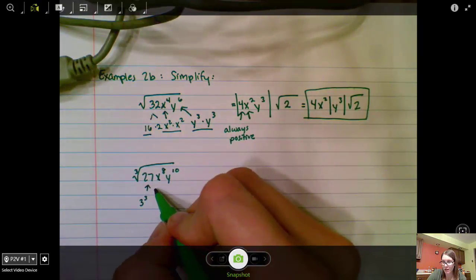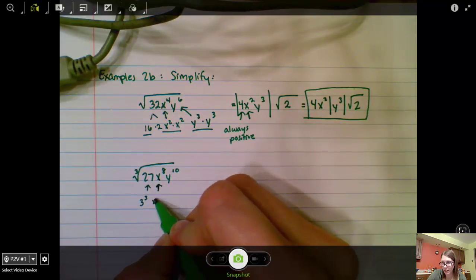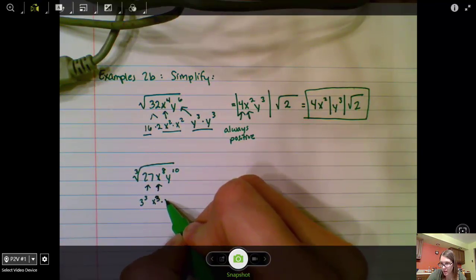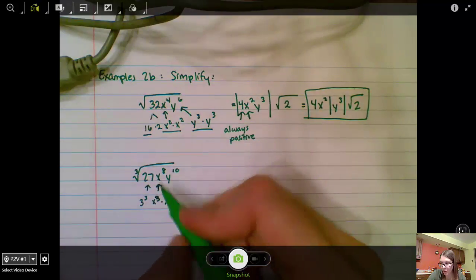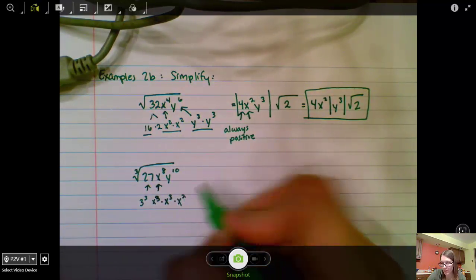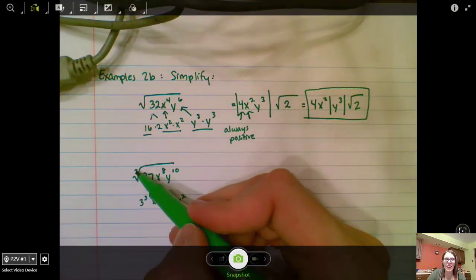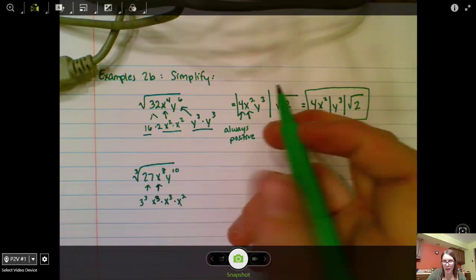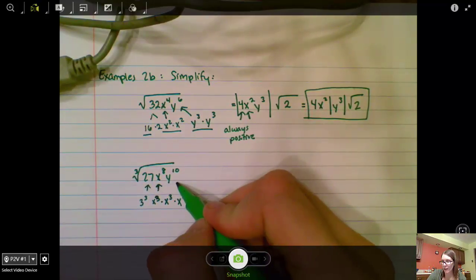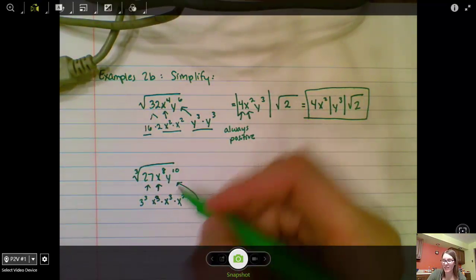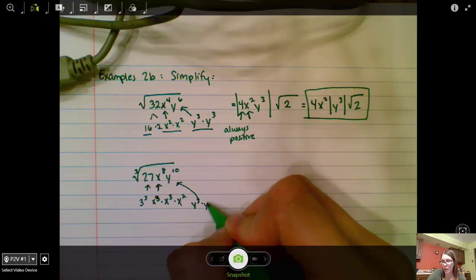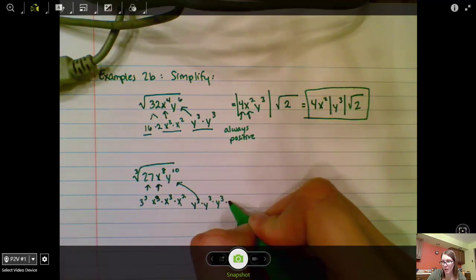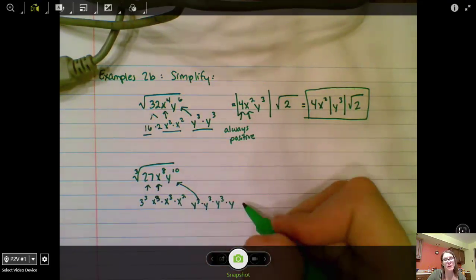X to the 8th is x cubed times x cubed times x squared. So thinking about how many times this power goes into our 8 here. And then y to the 10th, another way to think of this is y cubed times y cubed times y cubed times y. There's my 3, 6, 9, and my 10th power here.